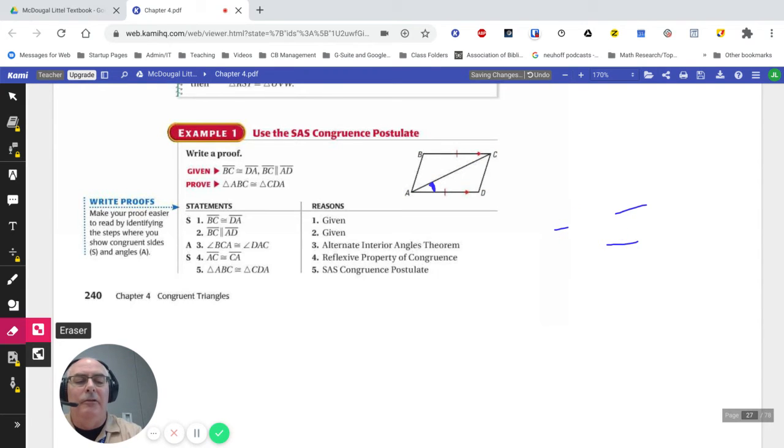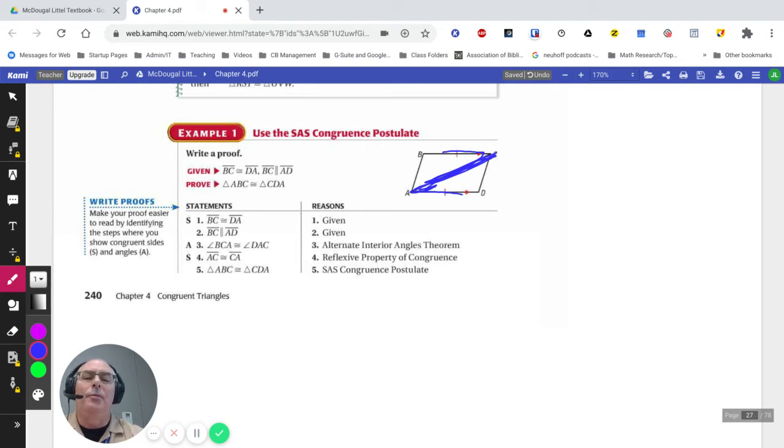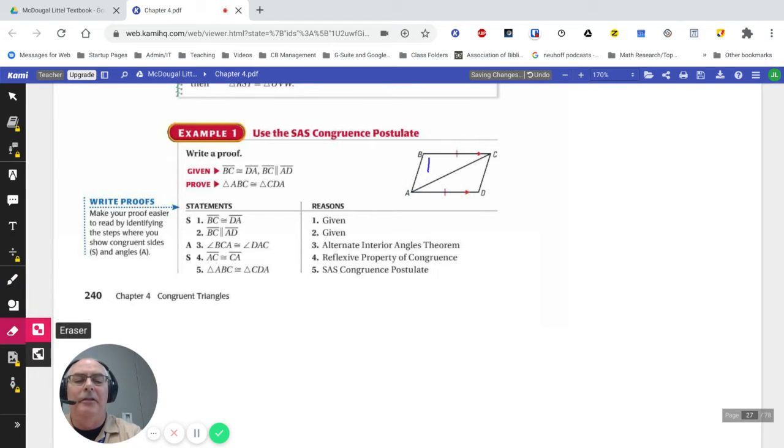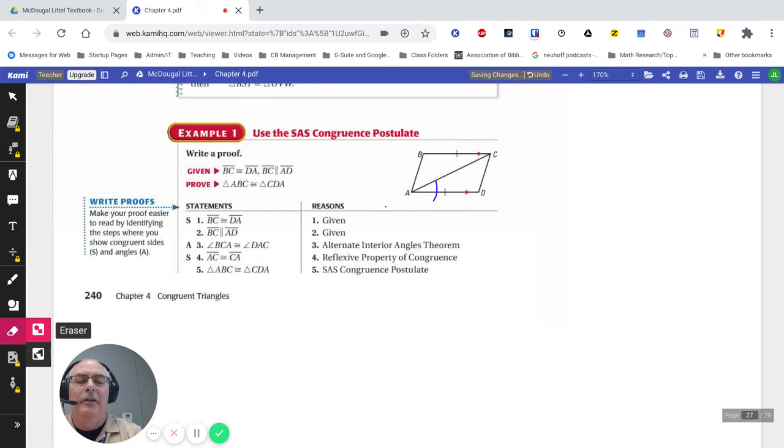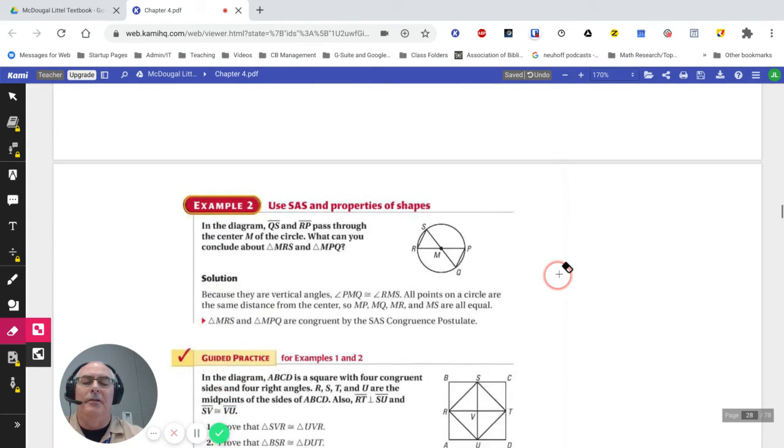Since the angles are equal and the two sides are equal, side angle side, side angle side, I can prove that this triangle and this triangle are going to be congruent by using side angle side congruence. The key thing to remember here is applying the fact that I have two parallel lines. The little red arrows prove that. I've got a transversal and I've got alternate interior angles. Using all of the information available to me, then I know that those two triangles are going to be congruent.